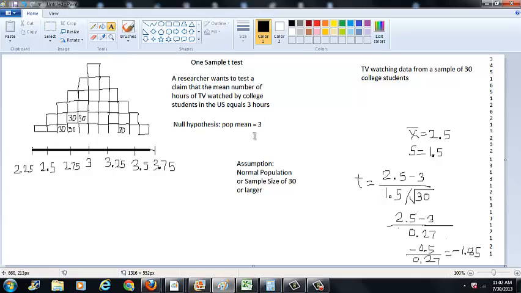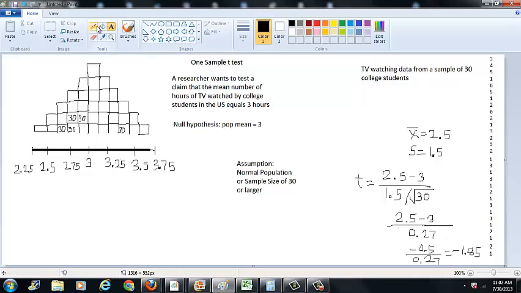And then if the population that you've sampled from is normal, which would be all college students, meaning if the TV watching of all college students was a normal curve, or if your sample size is 30 or larger, that makes the shape of these possible samples bell-shaped or normal.